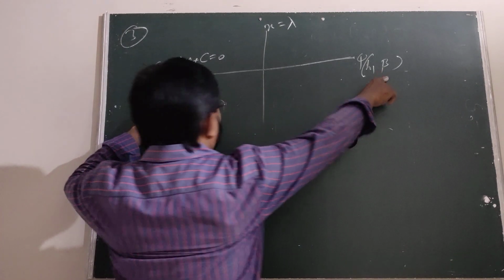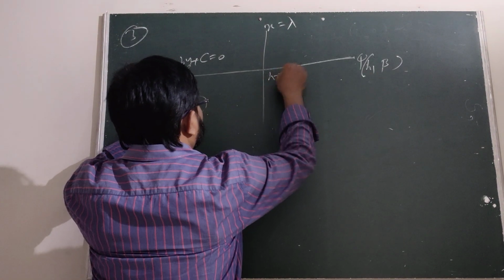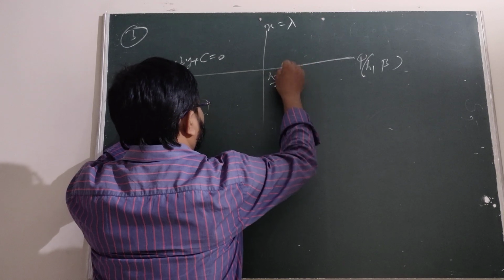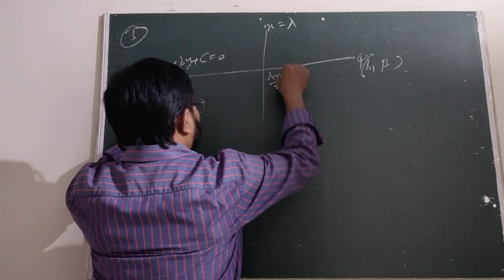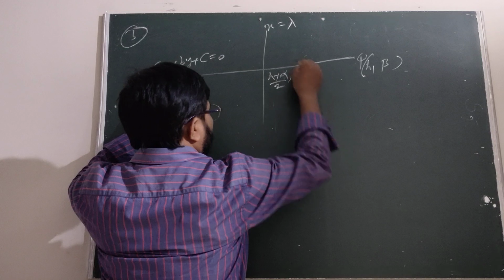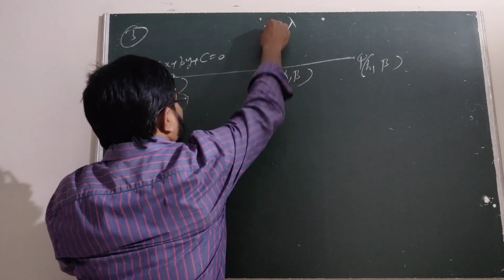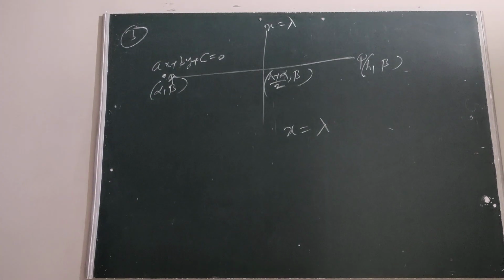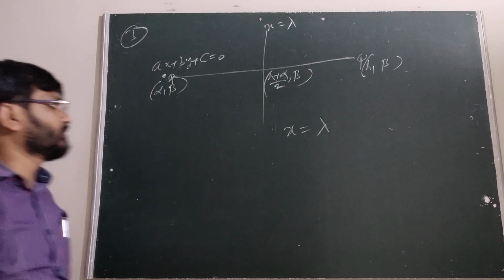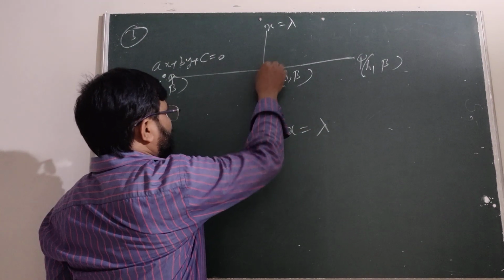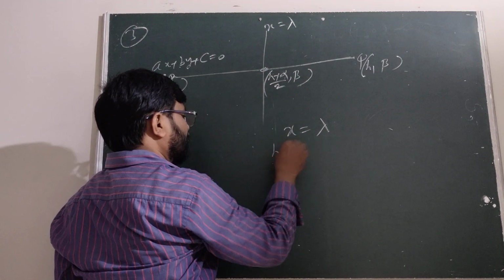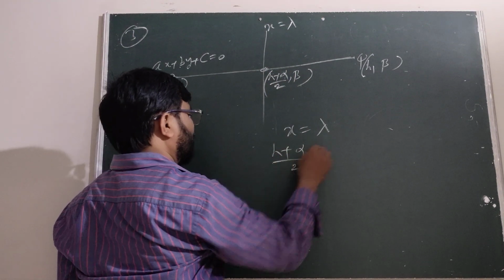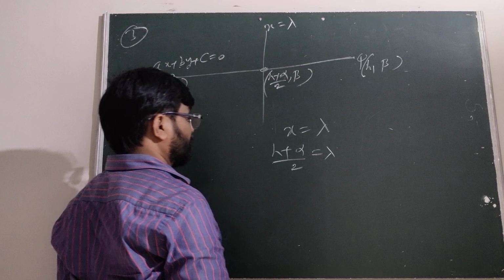Therefore the ordinates are equal, and the midpoint is ((h plus alpha) by 2, beta). The given line x equal to lambda passes through this point, so (h plus alpha) by 2 equal to lambda.